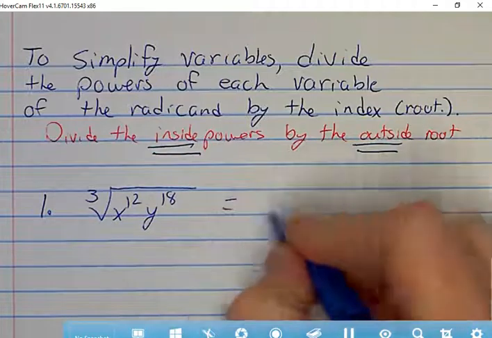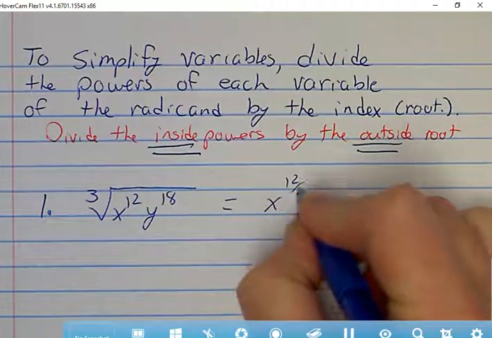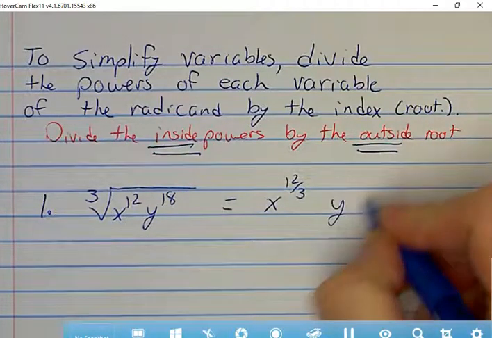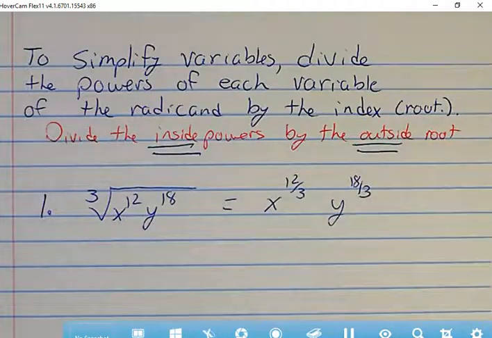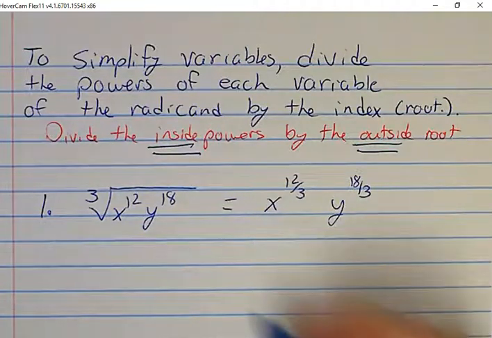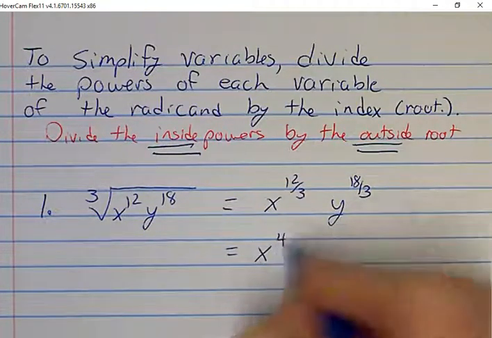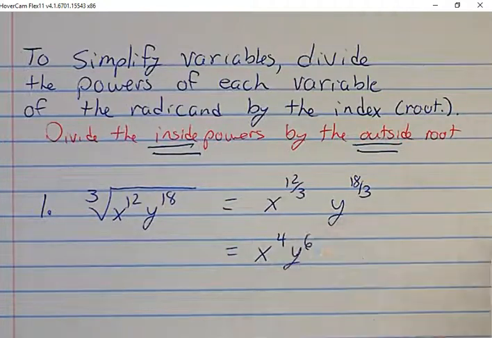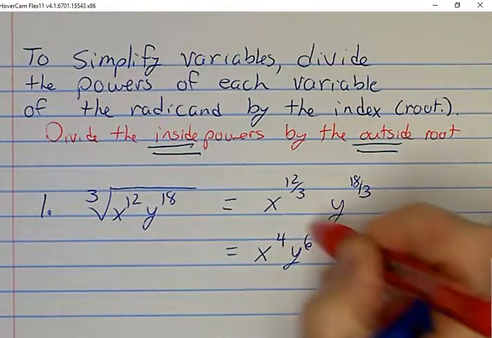So for these, this is 12 divided by 3 for the x, and for the y, it's 18 divided by 3. 12 divided by 3 is 4. 18 divided by 3 is 6, and that would be your final answer.